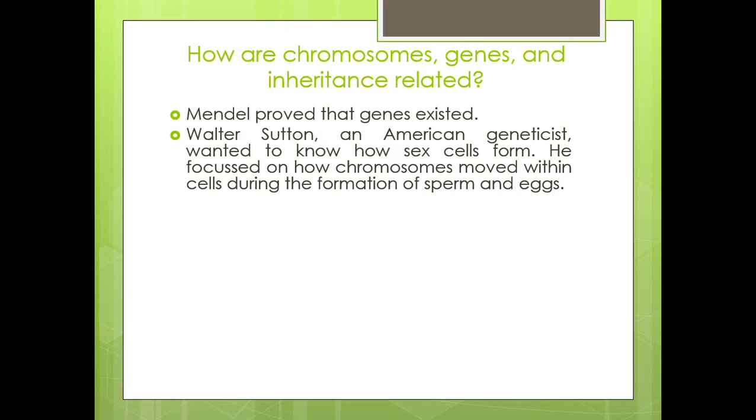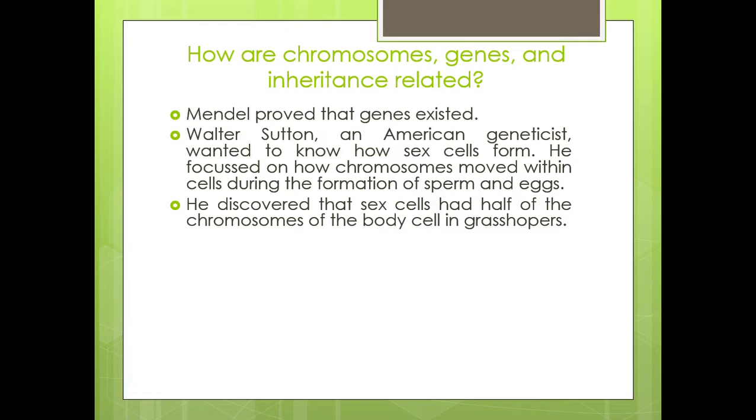So before we continue, we have to define what are sex cells. Specifically, there are 2 kinds of sex cells. We have sperm and we have eggs. So sperm are produced by male organisms and eggs are produced by female organisms. And he was studying how chromosomes were forming inside sperm and inside eggs.